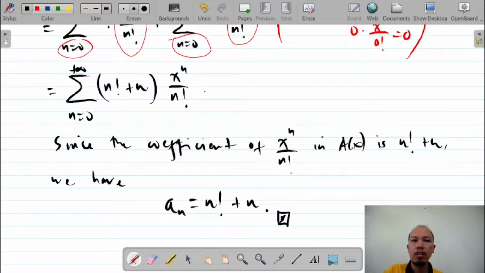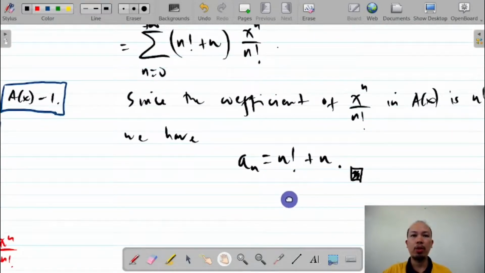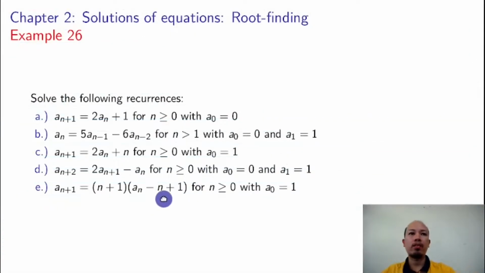So this is the end of the solution, and as you notice, in this example we write the closed form of a sub n as a closed form.